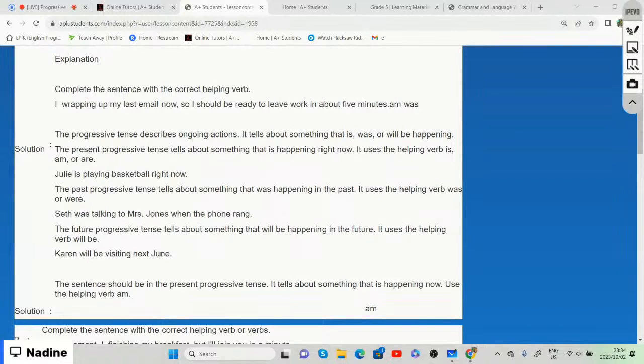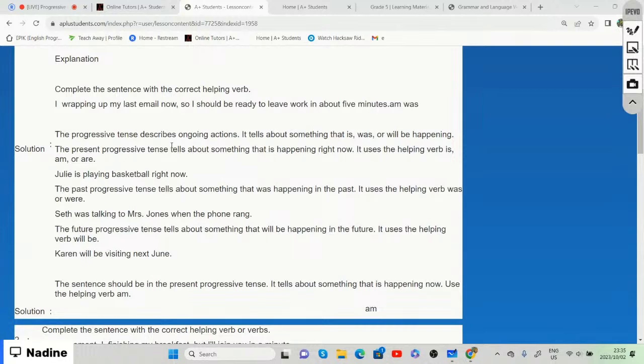And the present progressive tense tells us about something that is happening now, and we use the helping verbs is, am, or are to show the present progressive tense. It shows us that something is happening right now.